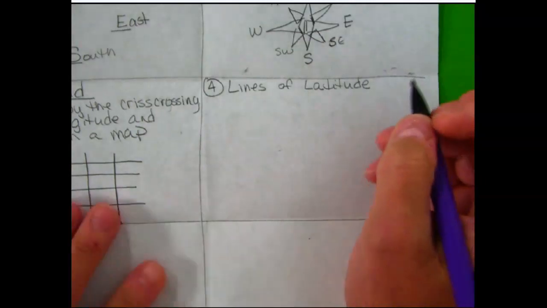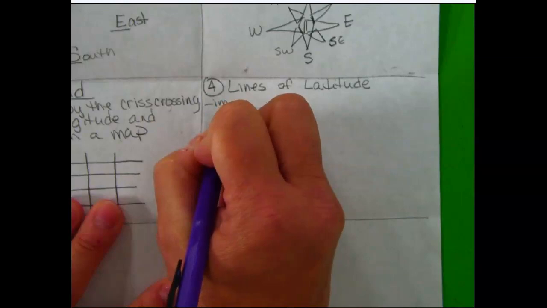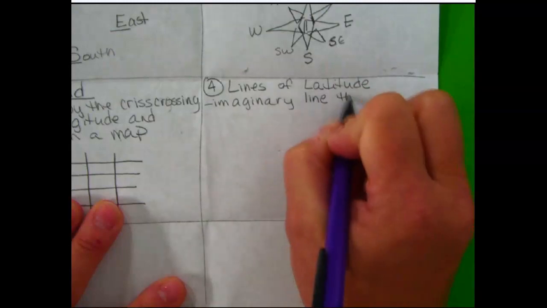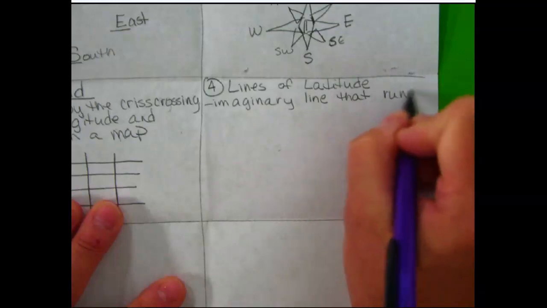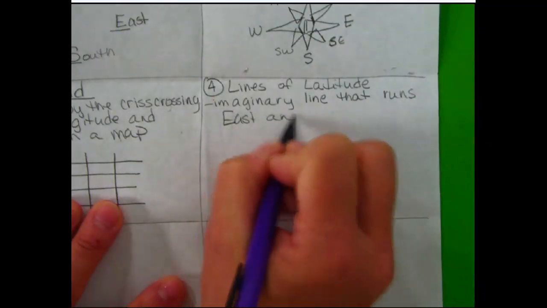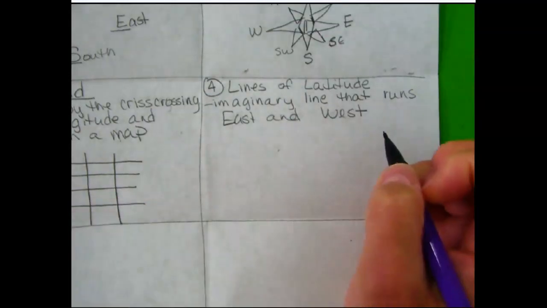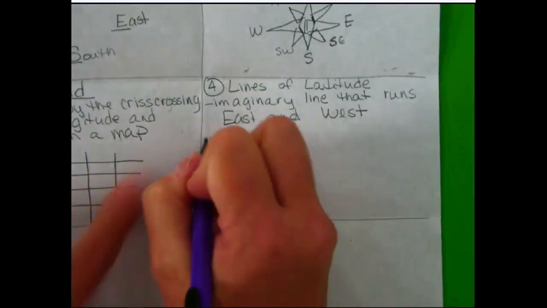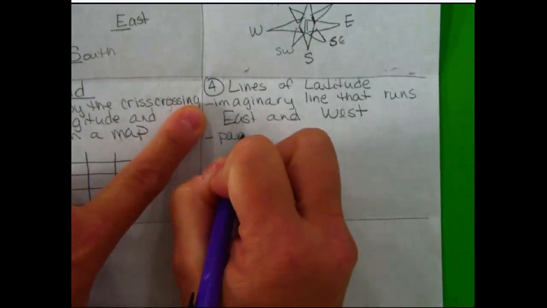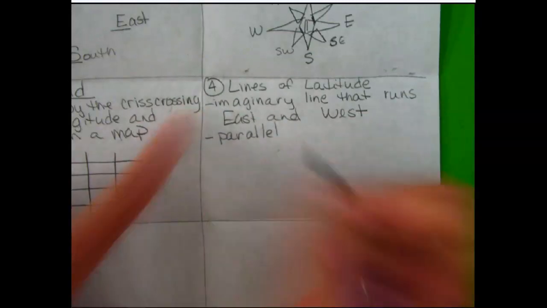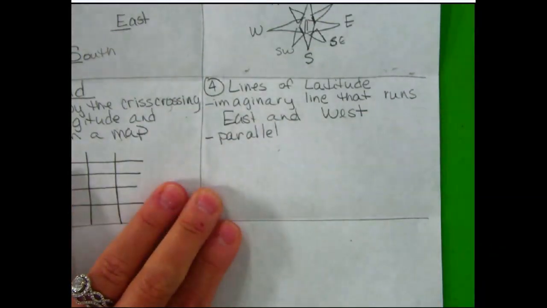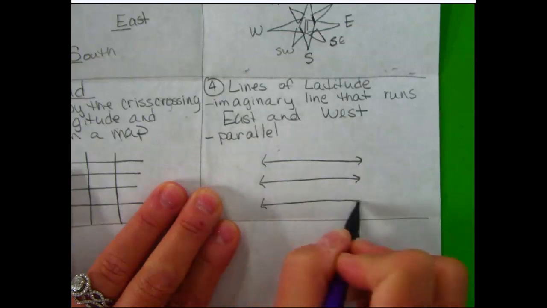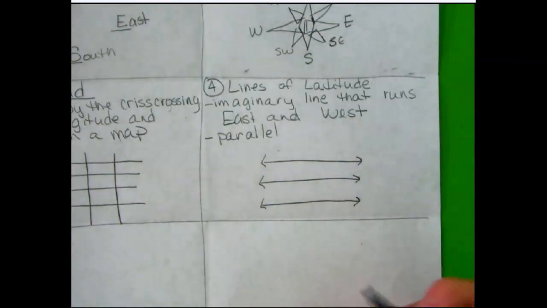The lines of latitude are imaginary lines that run east and west around a globe. These are parallel. So they are the ones that run east and west around the globe.